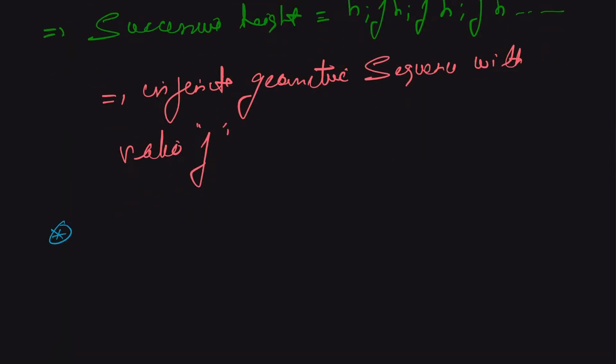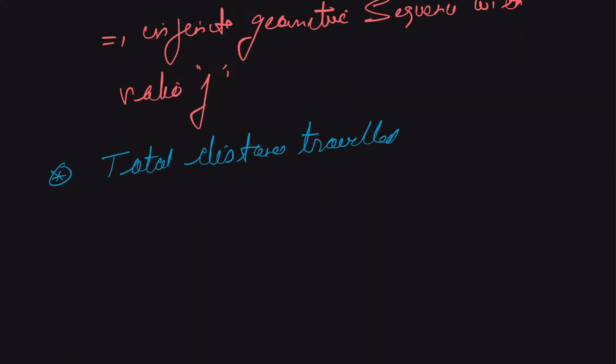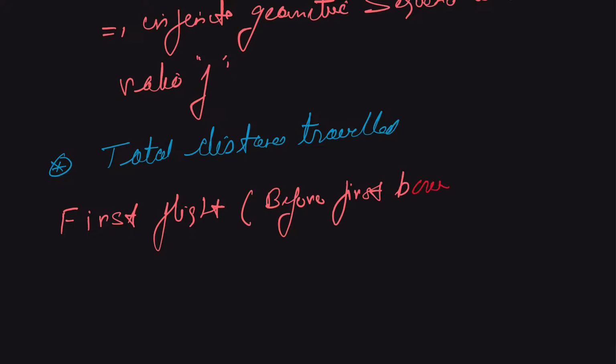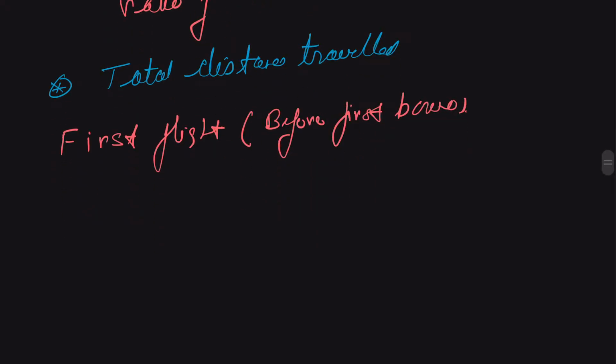So next we are going to find the total distance travelled. For the first flight, or before the first bounce, we know that our upward distance is h, and that is the same as our downward distance.